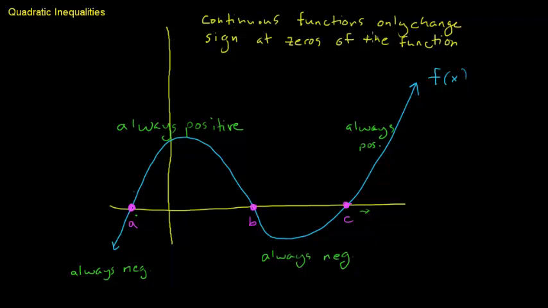Continuous functions only change sign at zeros of the function. If it's positive at one point, it's positive everywhere in this section between two zeros. If it's negative at one point between two zeros, it's negative everywhere between two zeros. They only change signs at zeros of the function.